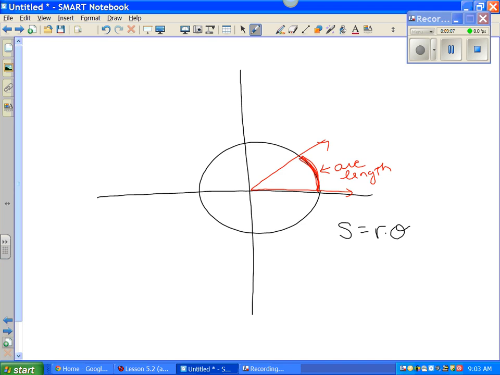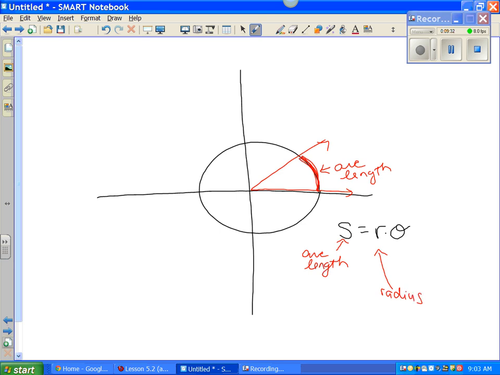Yeah, this is how we're going to find arc length, or radius, or theta, depending on what we're looking for. Okay? So what do you think the S is? Yeah, good. So S is arc length. All right. What do you think the R is? It's radius, yeah.